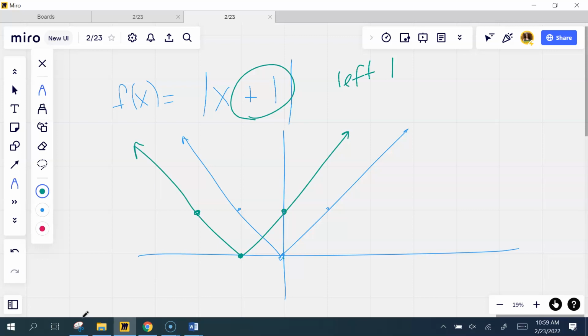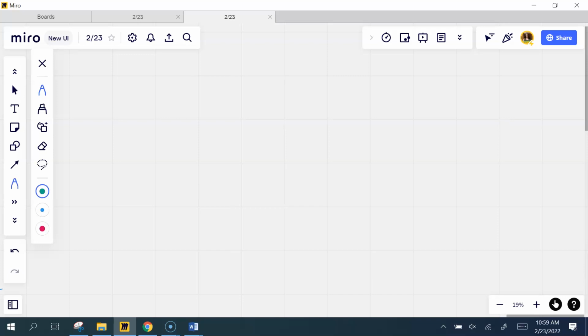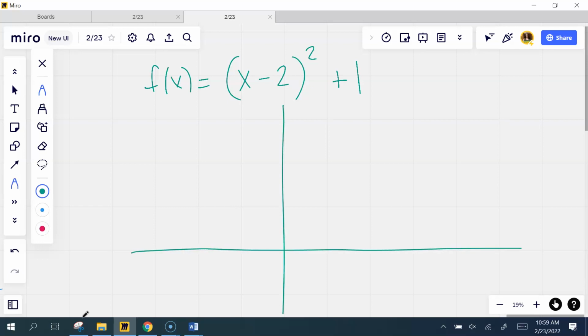Can you do more than one at a time? Say yes. What if, let's do a quadratic. Tell me what's happening here. Remember, I'm comparing to the parent, so let me just sketch the parent here. Tell me what's happening.